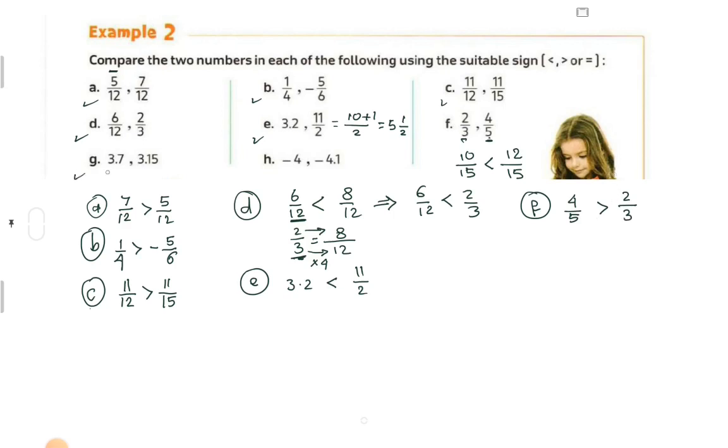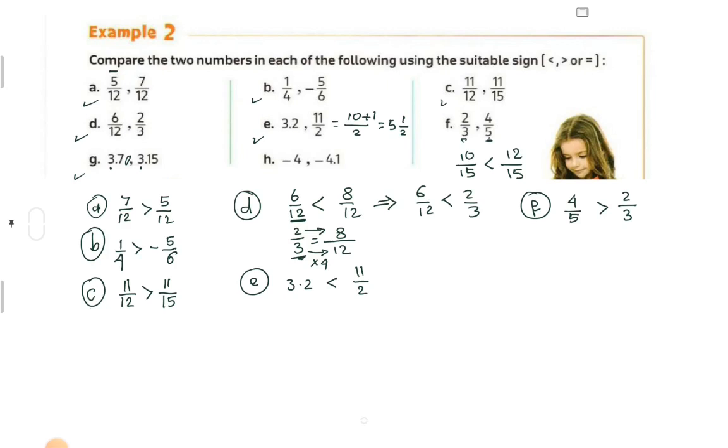Point G, 3.7 and 3.15. These are two decimal numbers. Look here, we have the whole number 3, point, and 7 tenths, and 1 tenth, 5 hundredths. I can put a 0 to the right of any decimal number just after the point.